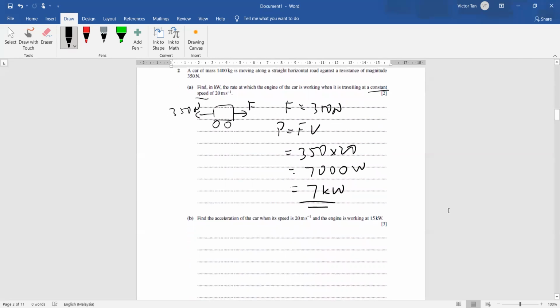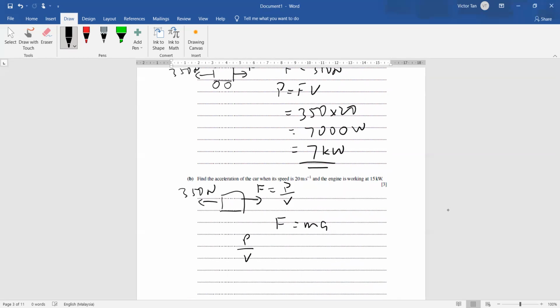Find the acceleration of the car when its speed is 20 meters per second and the engine is working at 15 kilowatts. So this is F equals P over V. The resistance is still 350 Newton. Resultant force equals mass times acceleration.